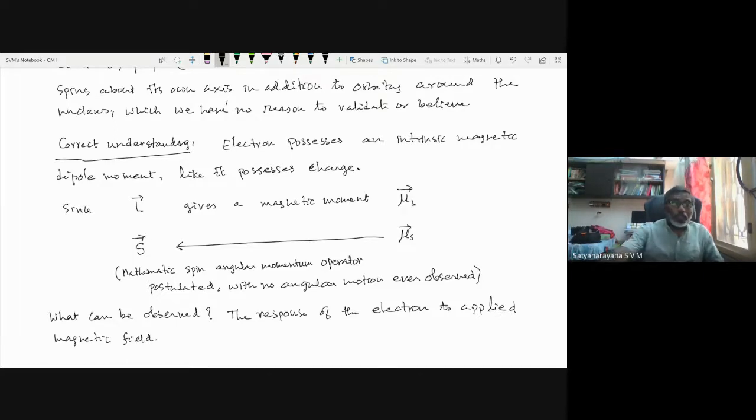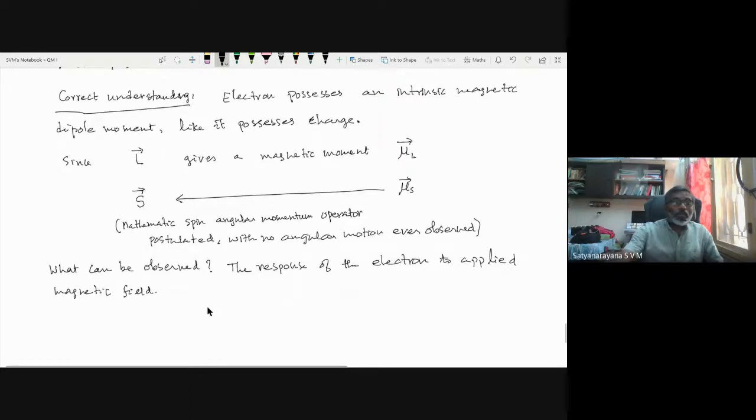Let's say there is some magnetic moment called mu L, and then there is some magnetic moment called mu S. If you apply a magnetic field to this, it responds as if it has a magnetic moment mu, which is equal to mu L plus mu S.